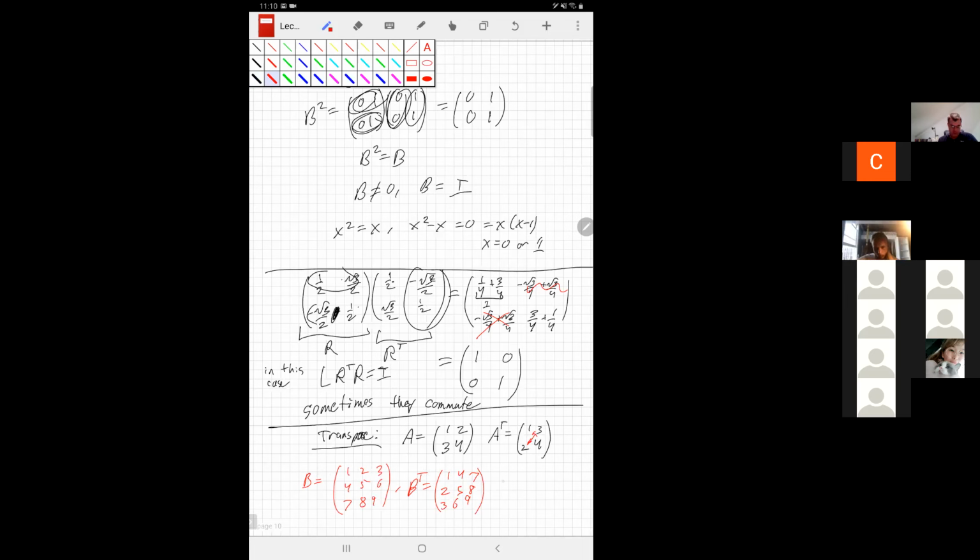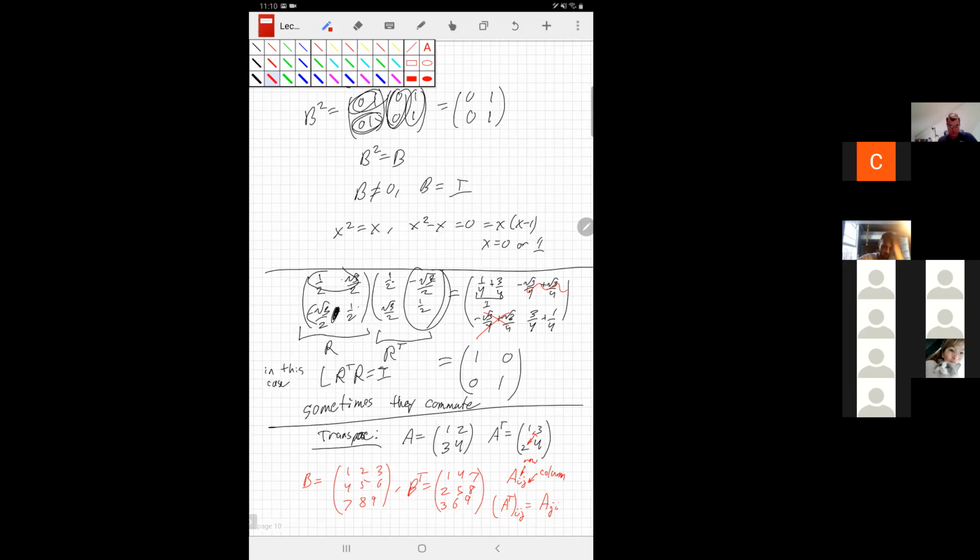More generally, if the elements of A are called Aij, then the ij element of A transpose is the ji element of A, where you've got row number, column number.